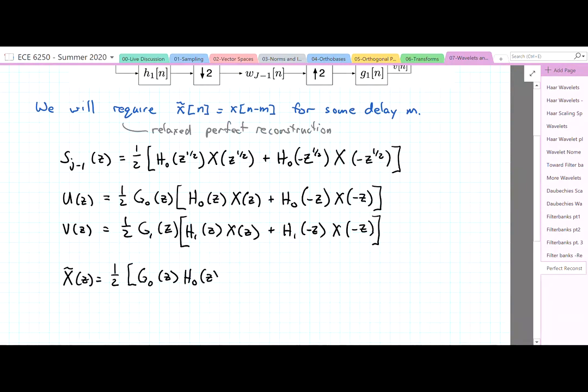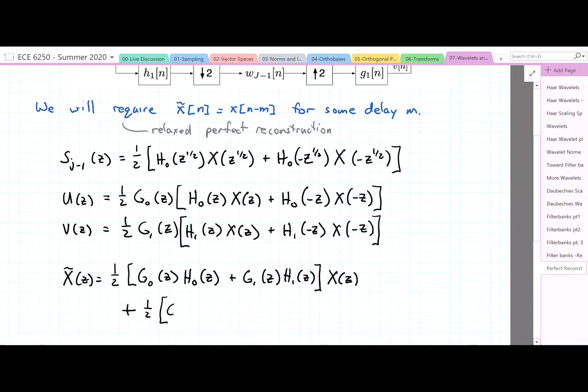G0 of z H0 of z plus G1 of z H1 of z, all times X of z, plus 1/2.